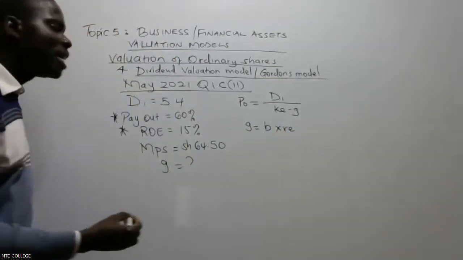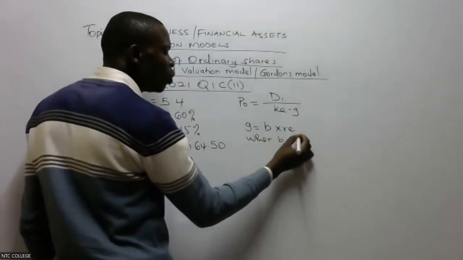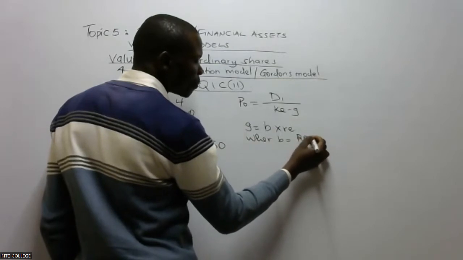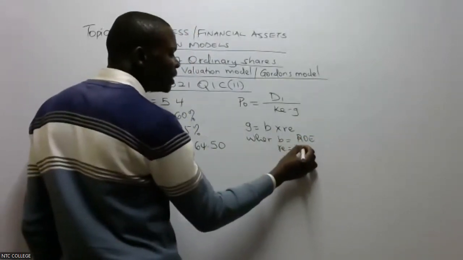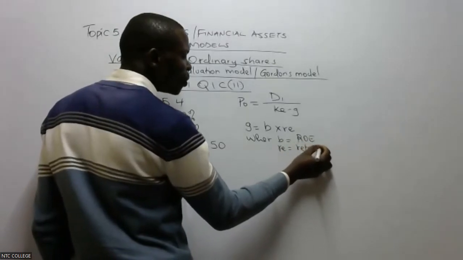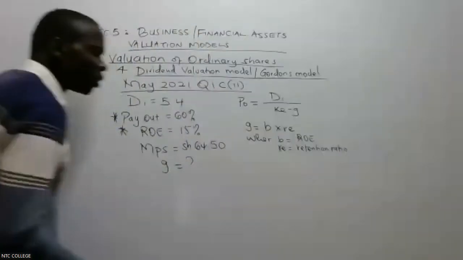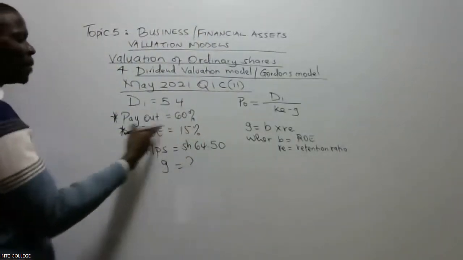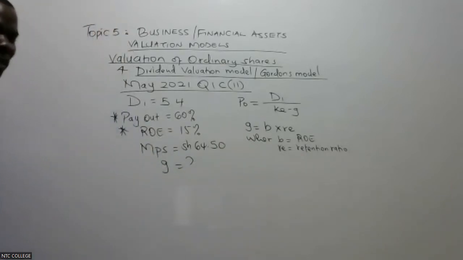B times RE, where B is equal to return on equity, while RE is the retention ratio. With that regard, we have our B as 15%. Our RE we haven't been given.